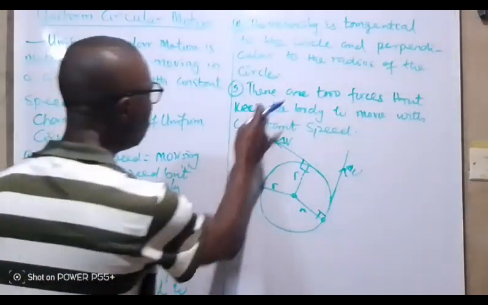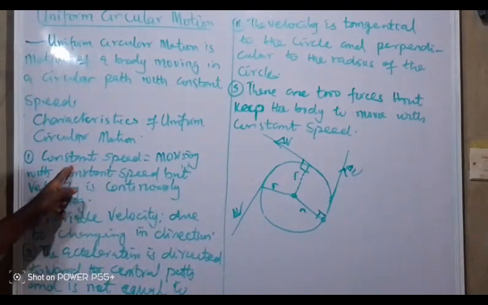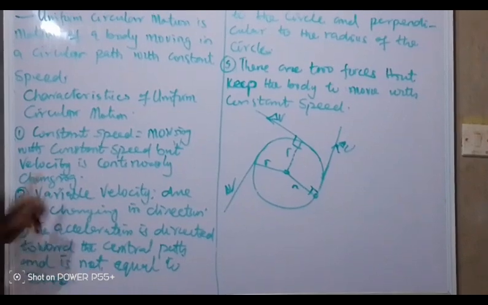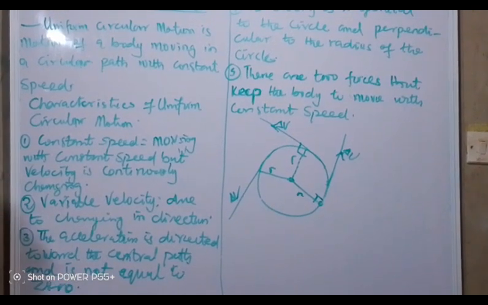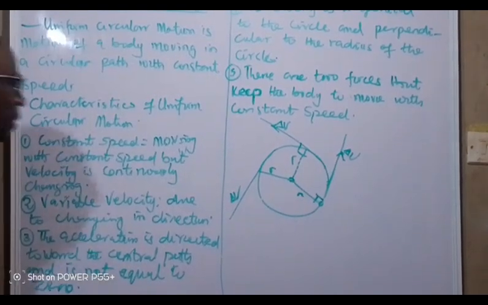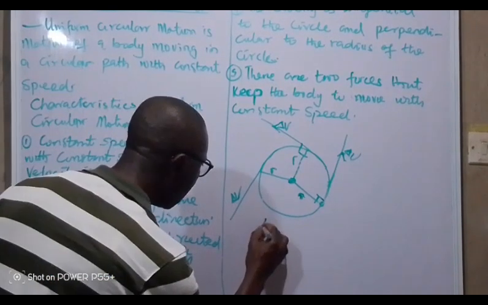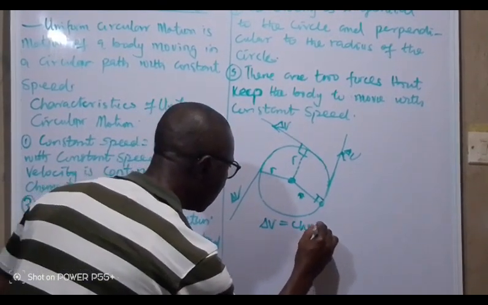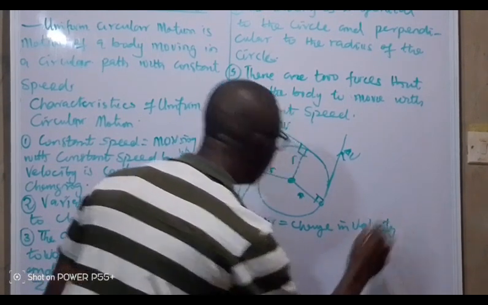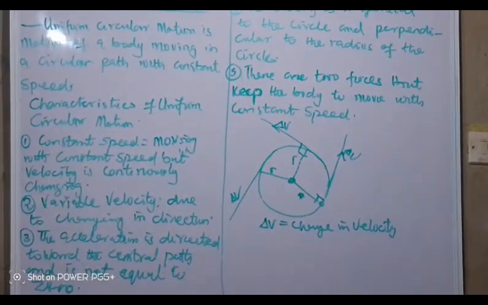Due to the 2 forces that keep it toward the center, it will be moving with constant speed, but velocity will be changing. Acceleration will not be equal to 0. And as I said, the acceleration is directed toward a fixed point, which is the center. Delta v is equal to the change in velocity, and the change in velocity is due to the change in direction as it moves through the circular path.